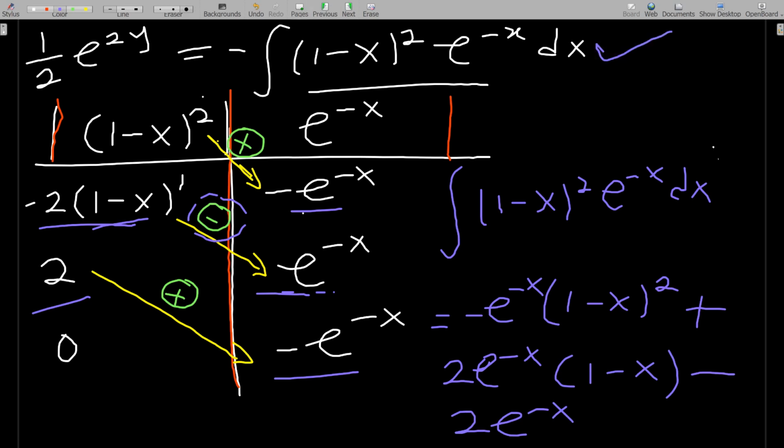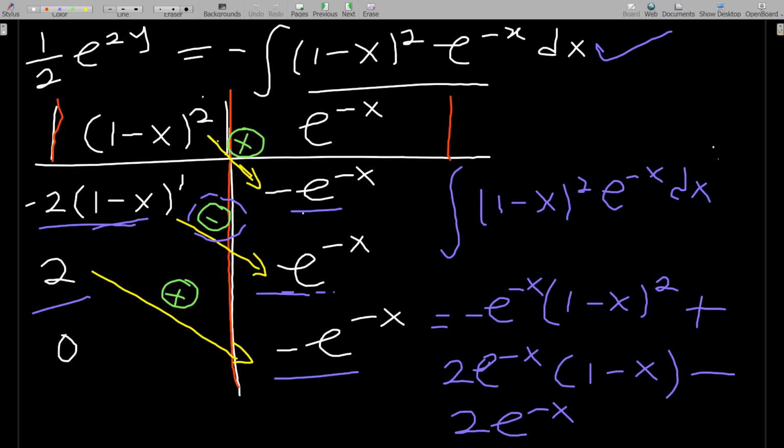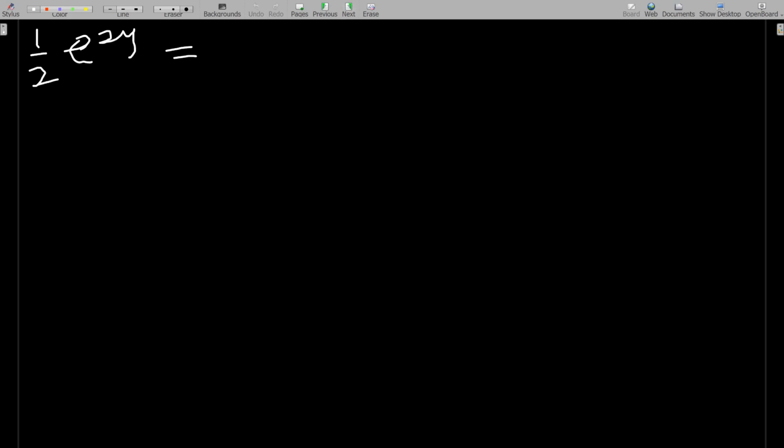So putting them back in the equation, I have half e to the 2y is equal to, now I realize that there was a negative in front of this, but only this part gave us the whole of this. So what you can do is you write a minus in front of everything. Okay, so I have minus.